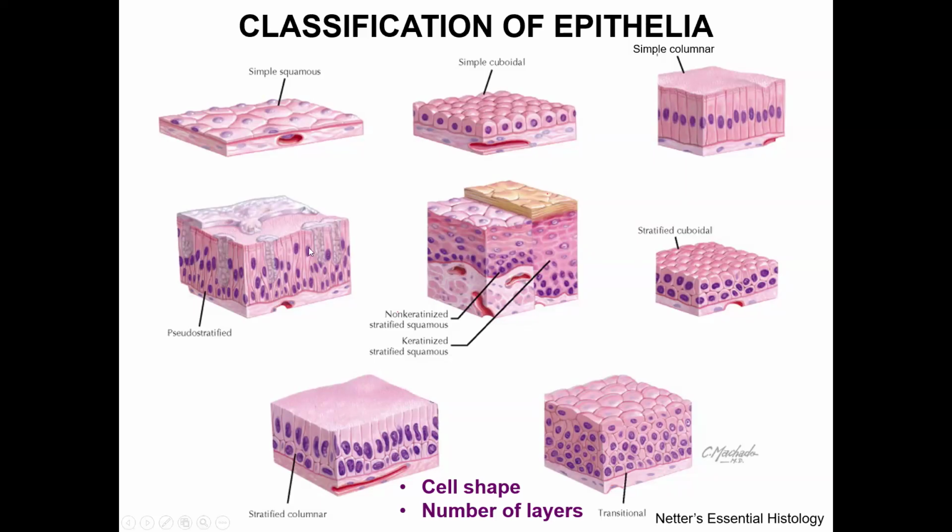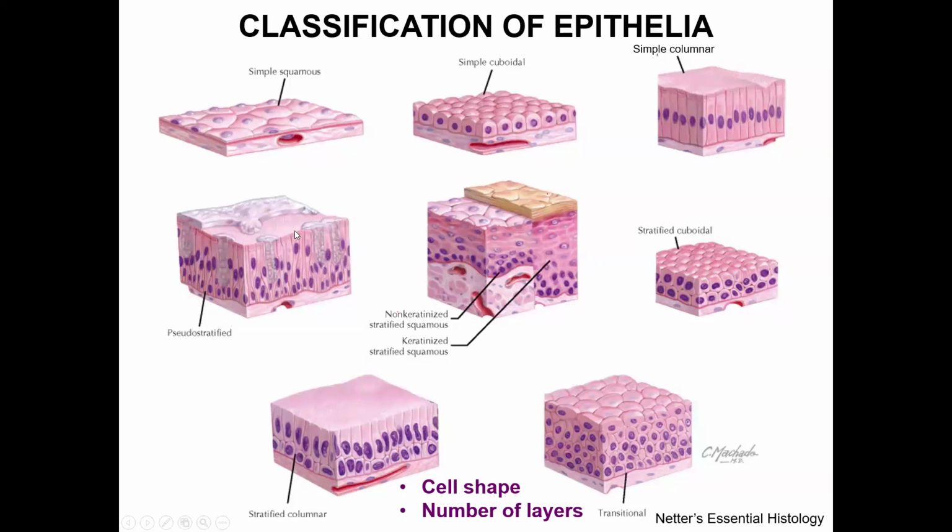Then there is the pseudostratified epithelium, which is named according to the position of the nuclei in this epithelium. It looks like the cells are organized into layers of cells, but there is really one single layer of cells, all cells touch the basement membrane, but not all cells reach the surface.